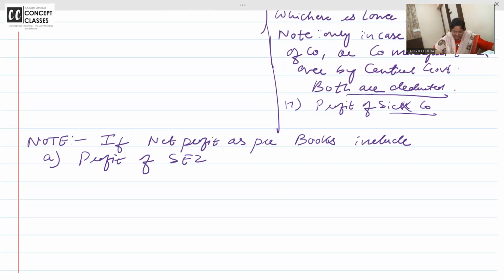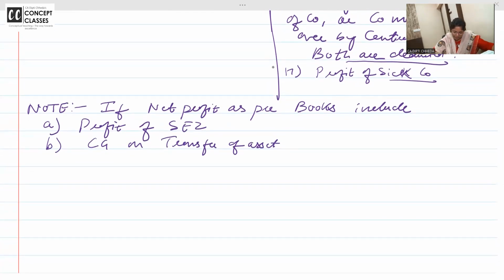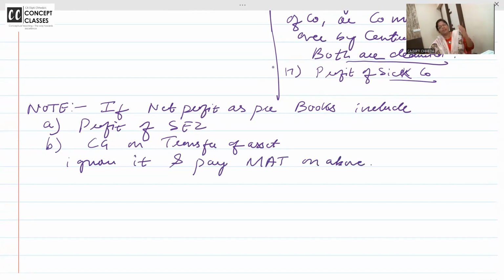Profit of SEZ or capital gain on transfer of assets, ignore it and pay MAT on above. Is my dialogue clear? I'll just apply it and solve advanced problems.